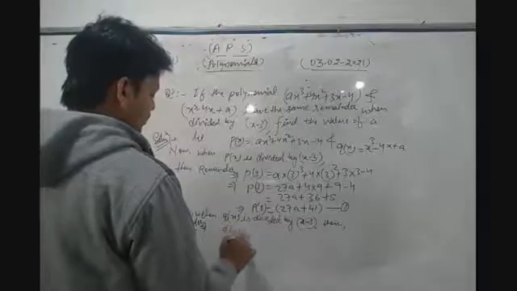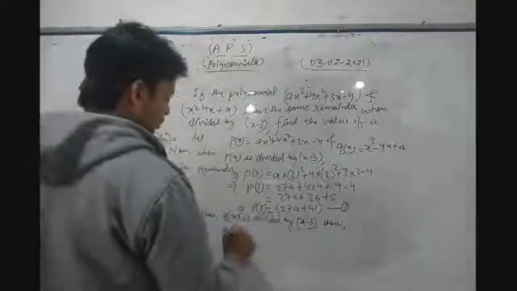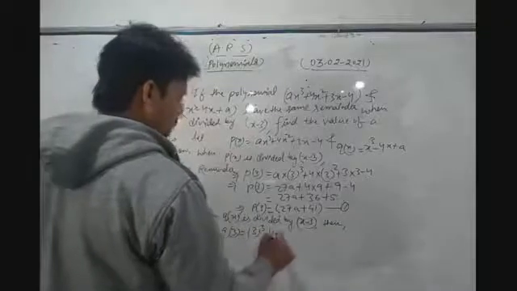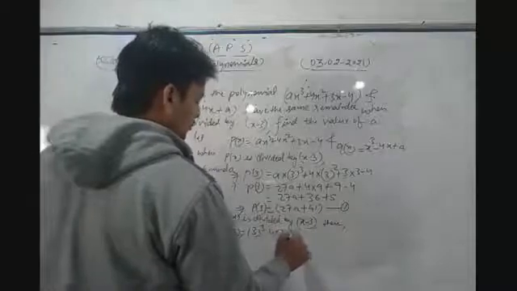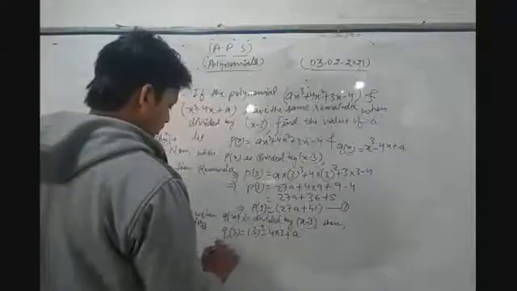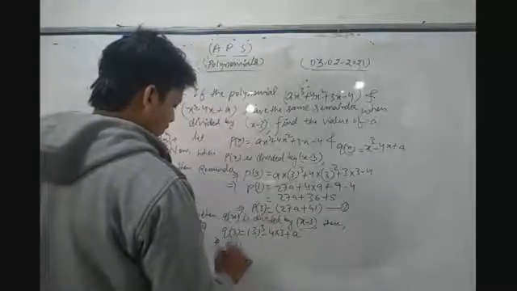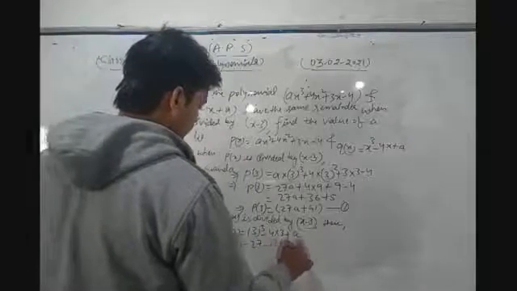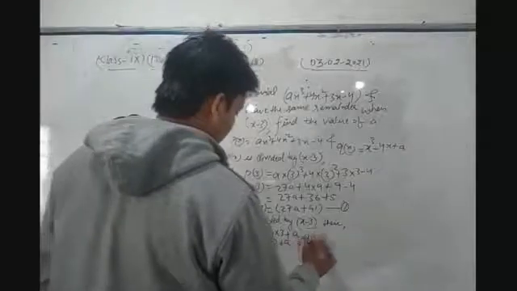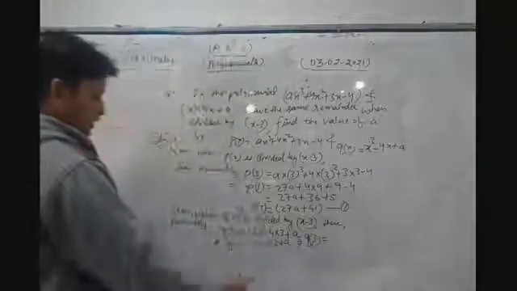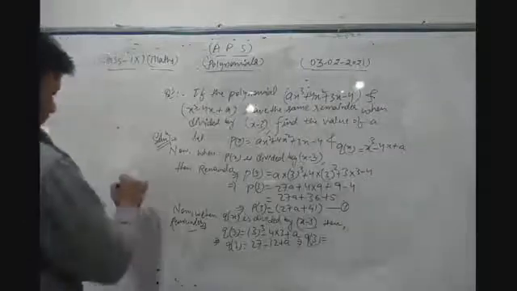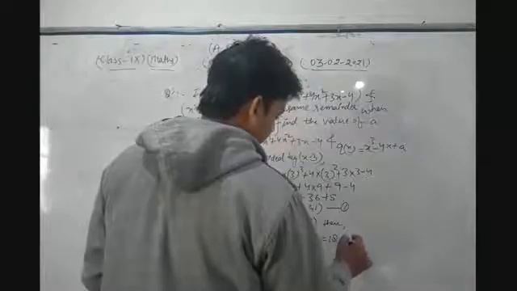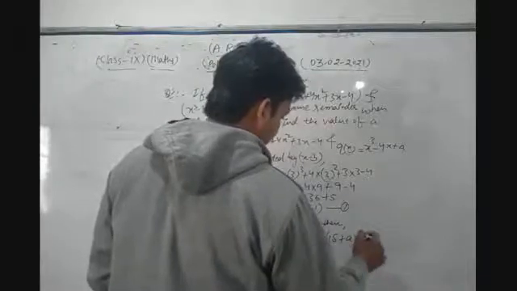So q of 3 is equal to what? Here we put 3, so we get 27 minus 4 into 3 plus a, that is, 27 minus 12 plus a, that is, 15 plus a. Take this as equation number 2.